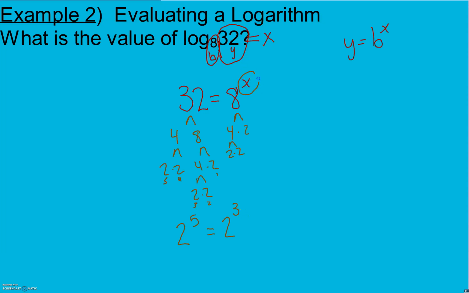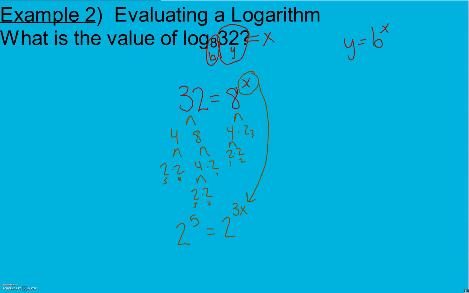But I still have this x here, so to the 3x power. When I'm taking a power to a power, I multiply my exponents. So it's 2 to the 3rd power, and then I bring down the x.